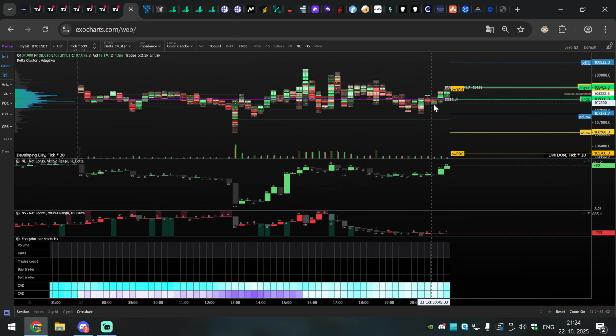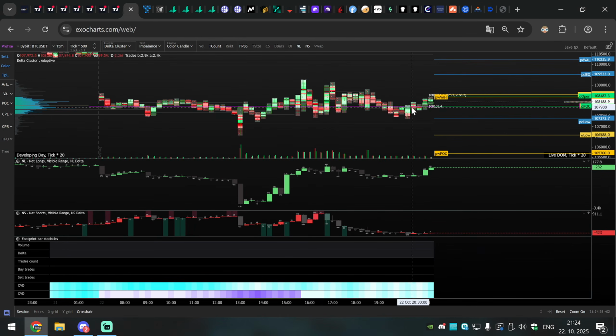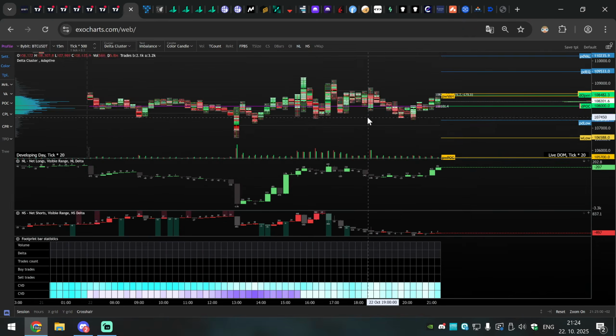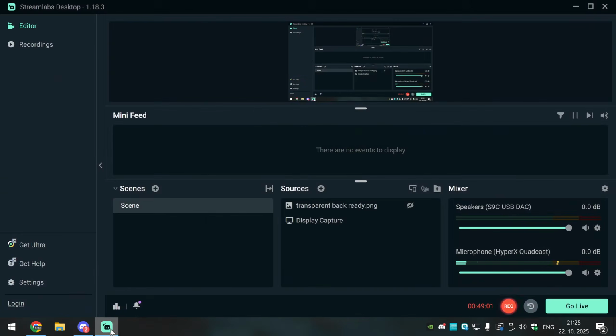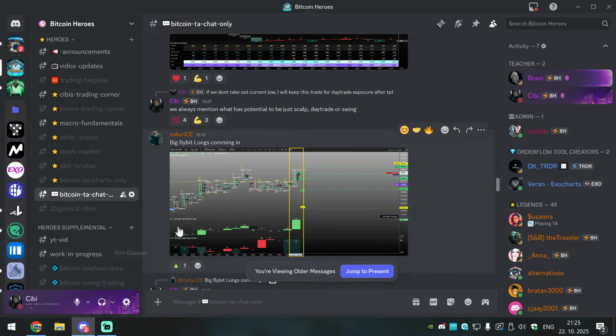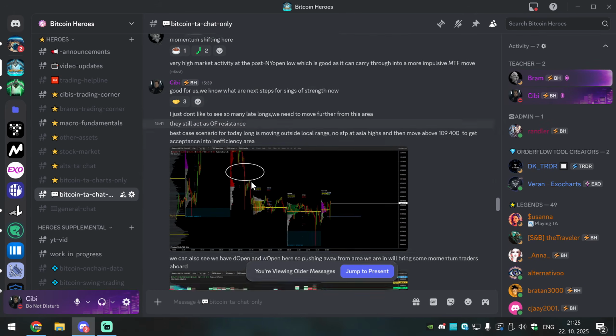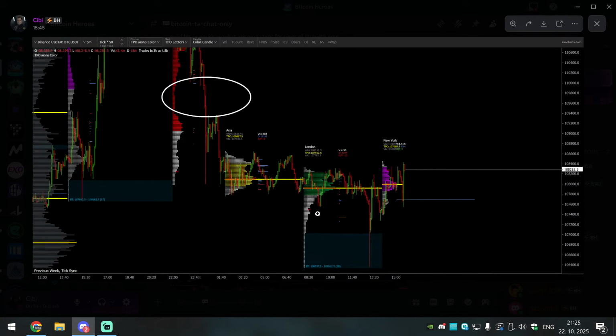And the market is still ranging, so hopefully when we get stability, we might actually push to the upside. We will see, but I will go over a live analysis at the end of the video. 49 minutes. Okay, we have a good counter. Ultimately, when you long the week, or the pullback, what you want to do is leave this range, and then we need to reclaim 109,400, and then you will fill the close session inefficiency.